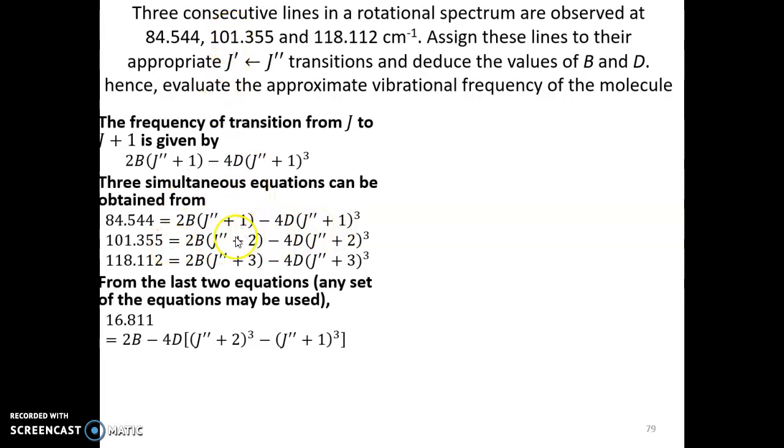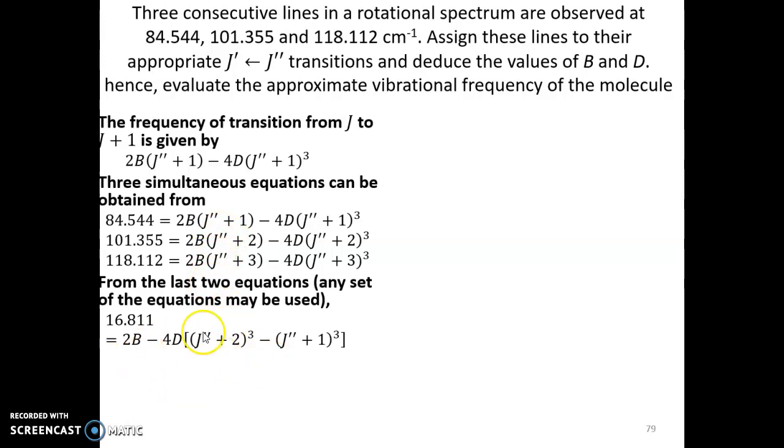Since this is the next line, we have J''+2, and for the next line, we have J''+3. This is because if this is coming from, let's say, J equals 1, then the next will be coming from J equals 2, which is J equals 1 plus 1.